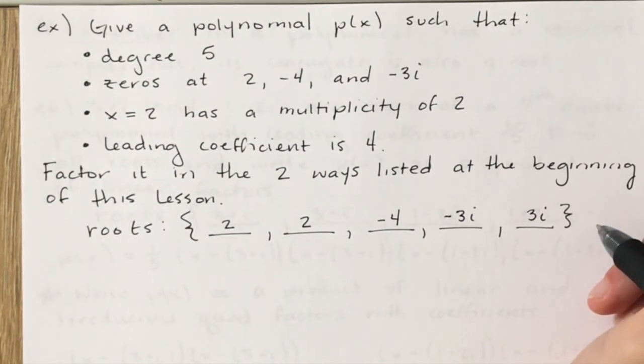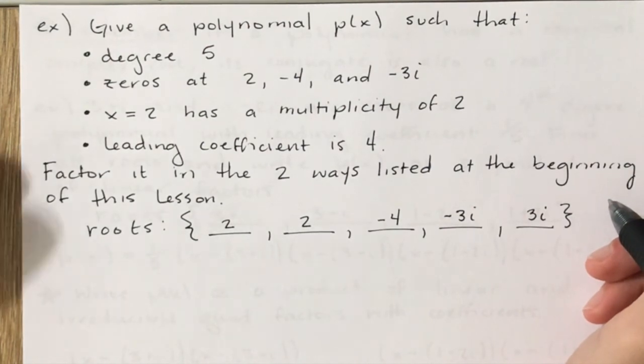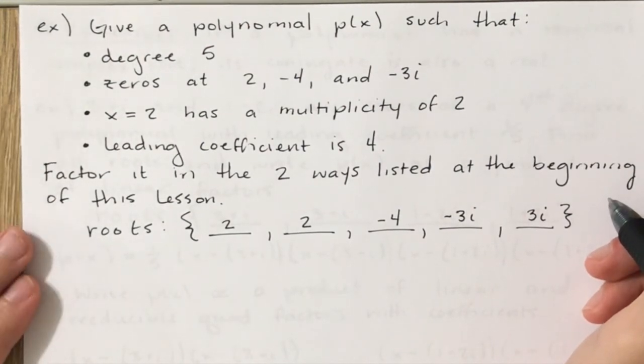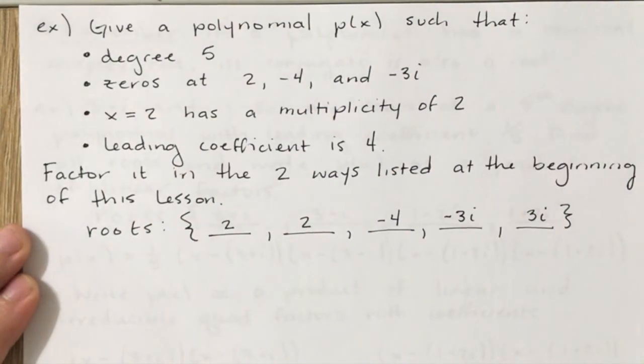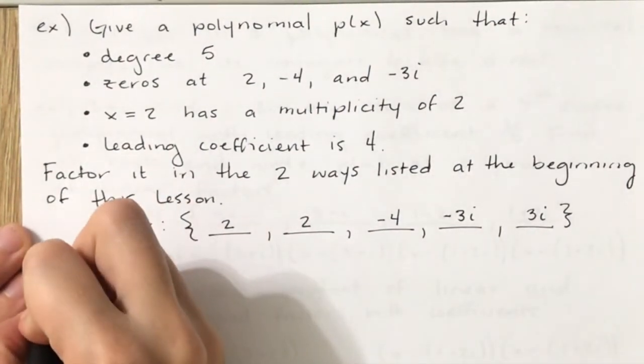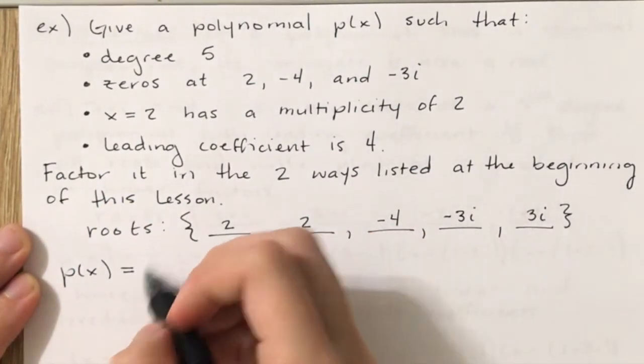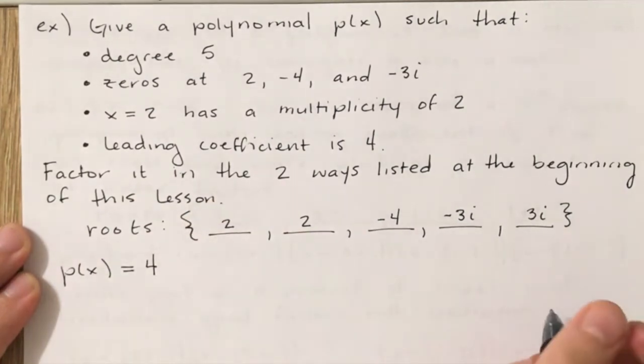So one of the ways listed at the beginning of the lesson was to write it as a product of linear factors with complex coefficients. We have 5 roots, so p of x equals, first things first, we cannot forget the leading coefficient of 4.